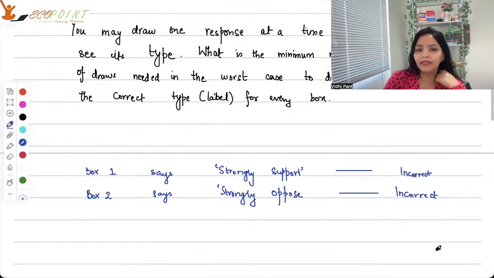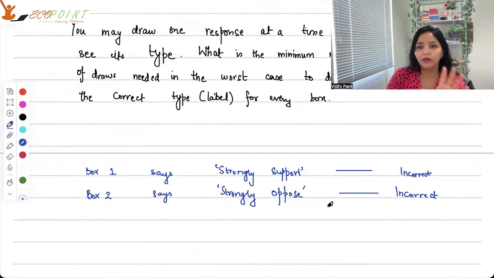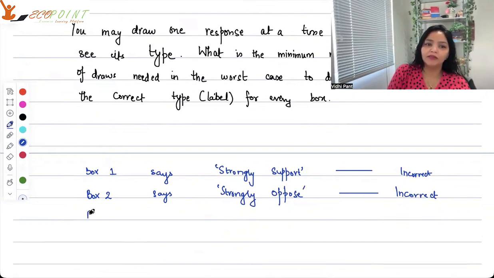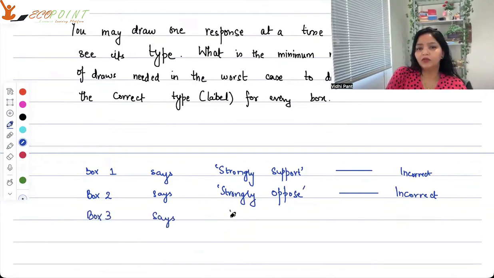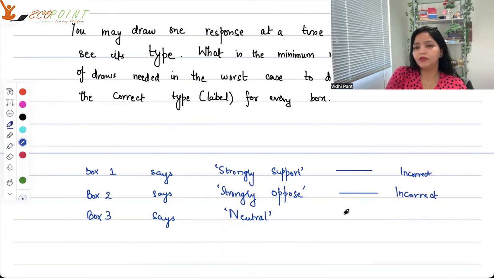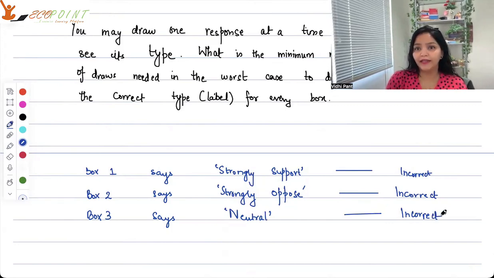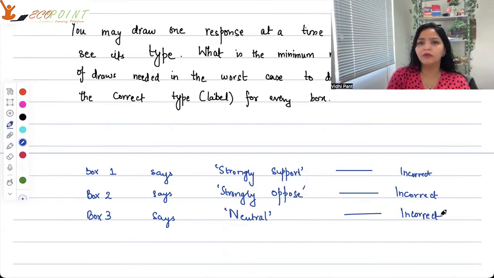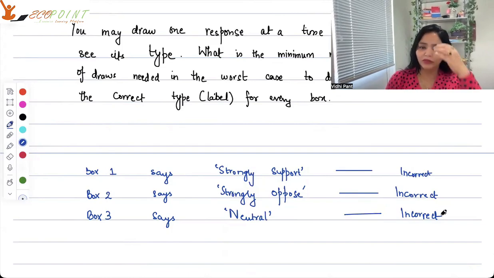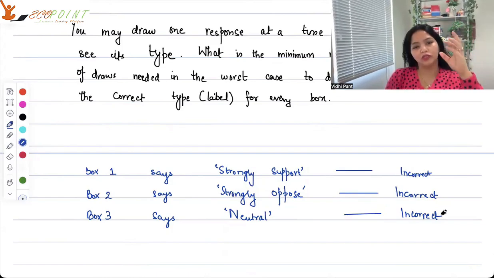So it can be anything but strongly oppose. And box 3 says neutral. We have to come up with a strategy such that we are able to figure out the correct labels in, of course, minimum number of draws that we can do, right? So what shall we do?